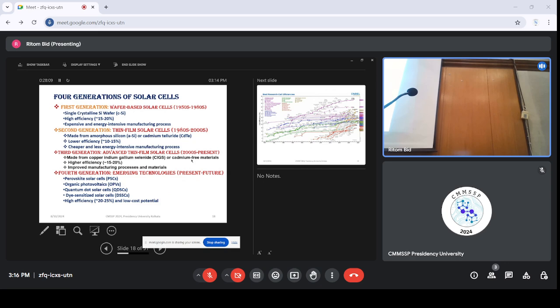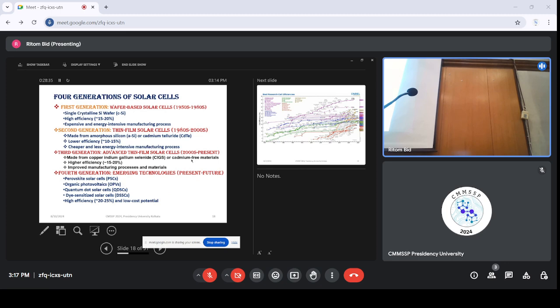So when we switch to other things like thin film solar cells, we are developing a very thin layer of films. So they are not so crystalline. They are by nature amorphous. The only idea is that you can use a very small amount of material for the thin film solar cell.